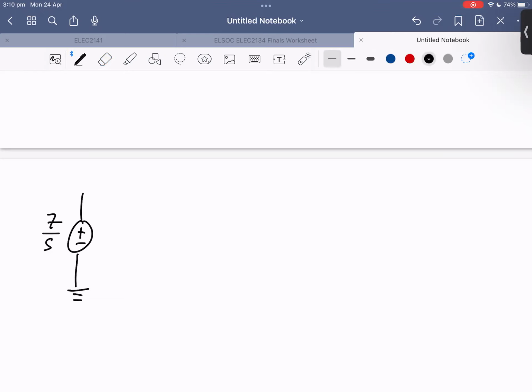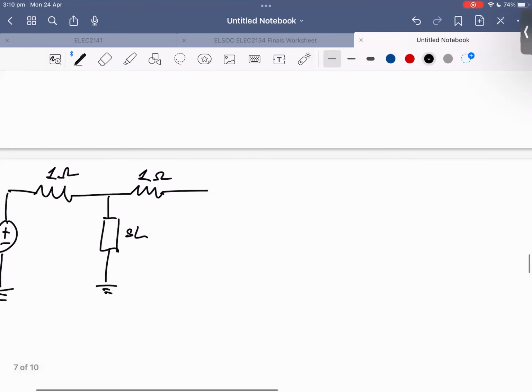So 7/s, and then you've got a 1 ohm resistor, and you've got an inductor here. The inductor transforms to jωL in the Fourier domain, so sL in the Laplace domain. And you've got another resistor here, which is 1 ohm. And then you've got a capacitor, which is 1/(sC).